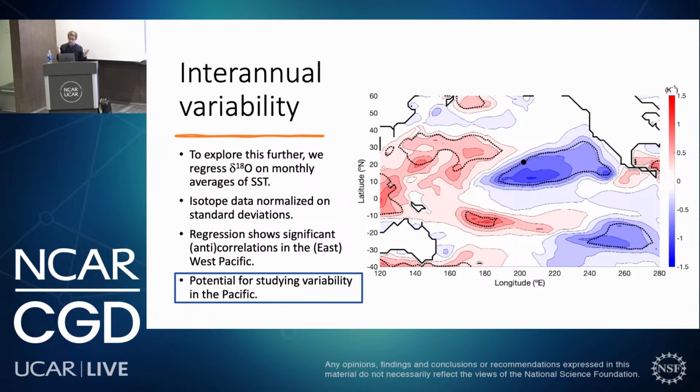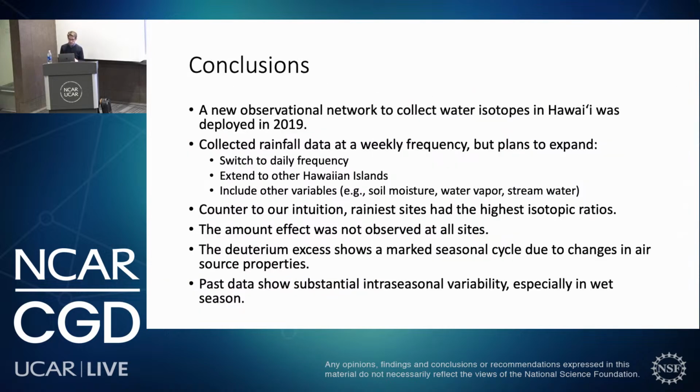This is obviously just speculation and well-wishing because, let me stress it again, we don't have enough data, but we hope that with time and patience, we'll be able to collect enough data to say something more about the interannual variability. Okay, so just a conclusion.